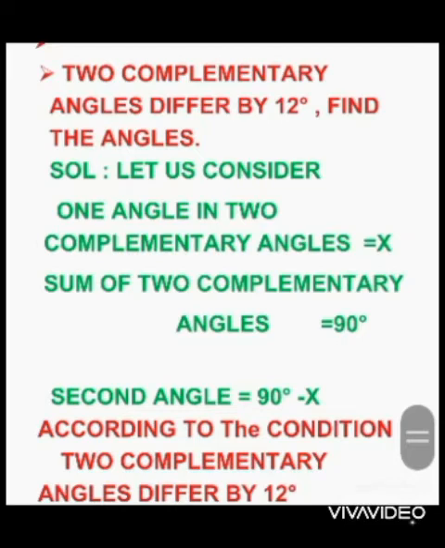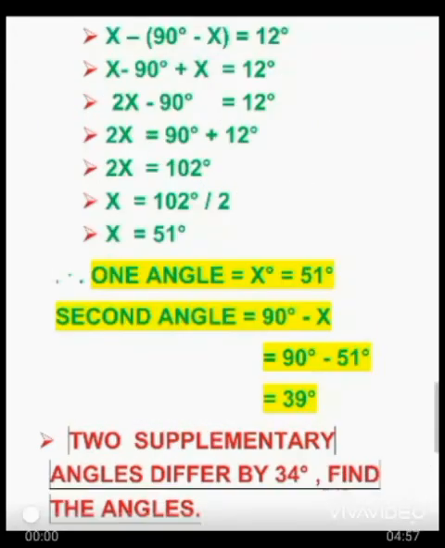So according to the condition given in the question, two complementary angles differ by 12 degrees. Differ means minus: one angle we have considered as x, minus the other angle, which we have considered as 90 minus x, is equal to 12 degrees.